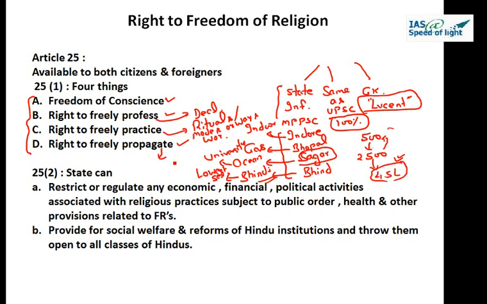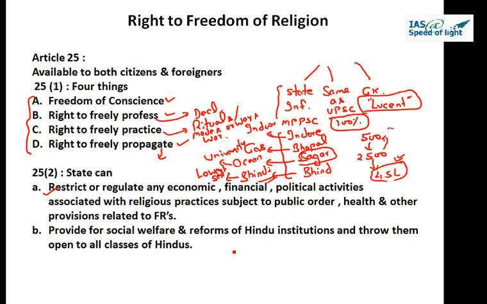So it gives us two things. The state can restrict or regulate the things associated with religious practices, subject to public order, health and other provisions. B is saying a very interesting thing: to provide for social welfare and reform of Hindu institutions.